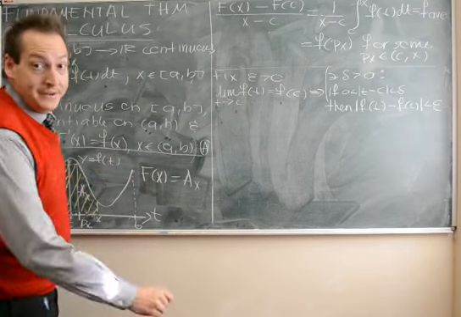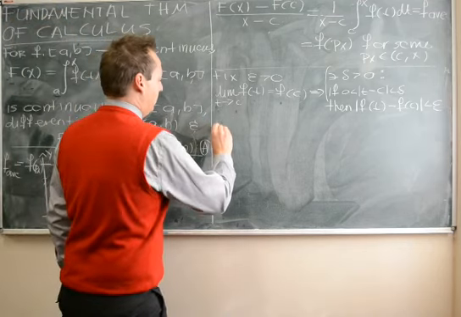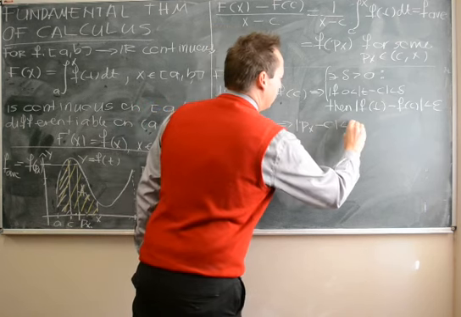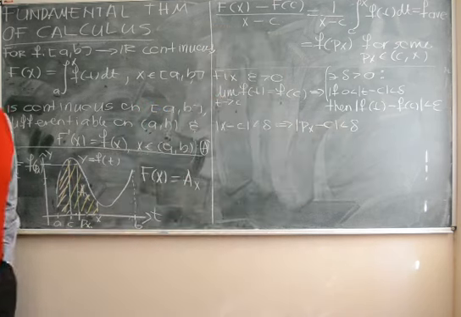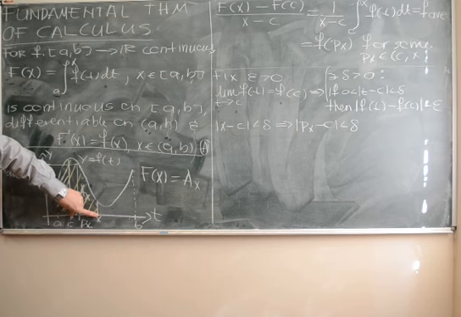And now let's see what happens if the distance between x and c is less than delta. Then the distance between p_x and c is less than delta, because p_x sits between c and x. So this distance from c to p_x certainly is smaller than the distance from c to x.